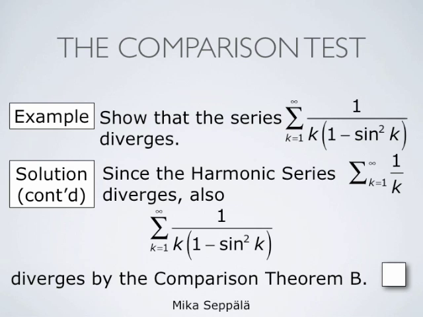We know that. And therefore, since the terms of this series, 1 over k times (1 minus sine squared of k), are larger than or equal to the terms of the harmonic series, also this sum k from 1 to infinity of 1 divided by k times (1 minus sine squared of k) diverges by part B of the comparison theorem. This concludes the proof.